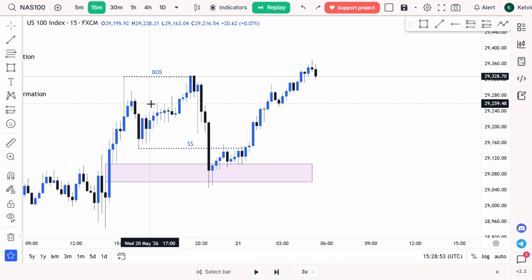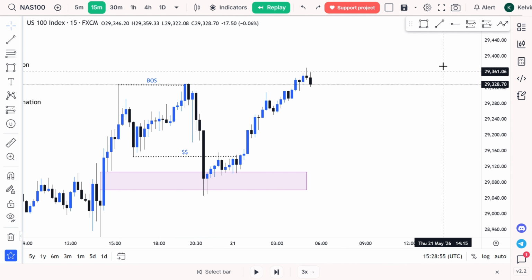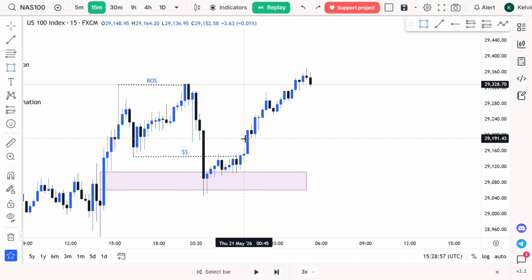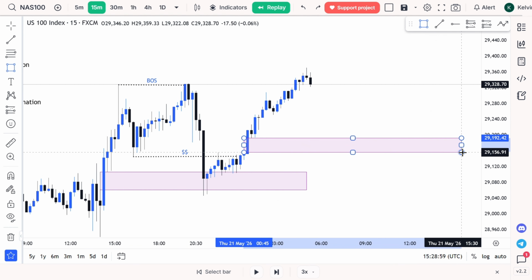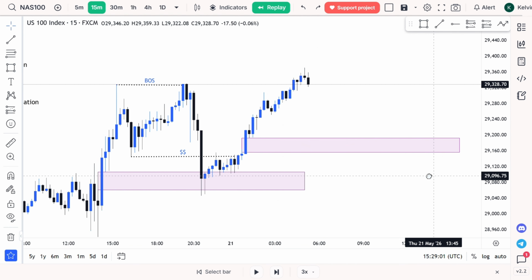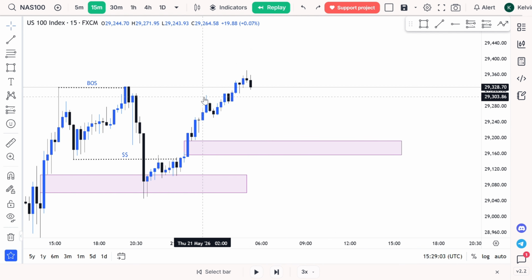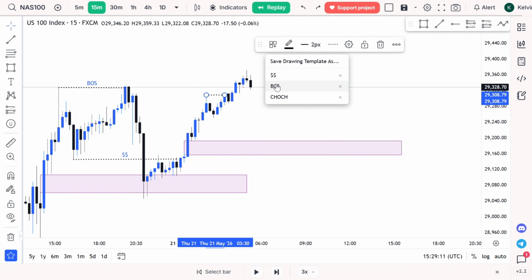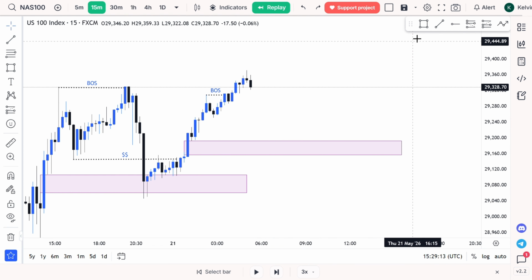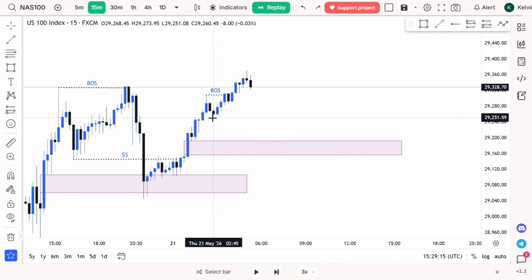So we already have our direction, which is our bullish trend to the upside. We have this fair value gap here. We have that fair value gap in the 15 minutes time frame. And then we have this as a break of structure to the upside as well. So we have that break here. So we have that break to the upside, and then we have this low here that is going to be used as a liquidity.